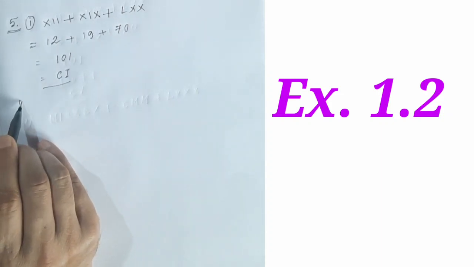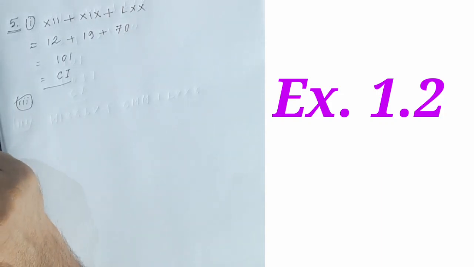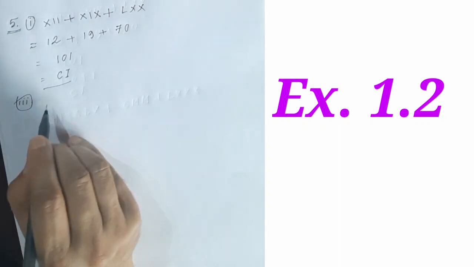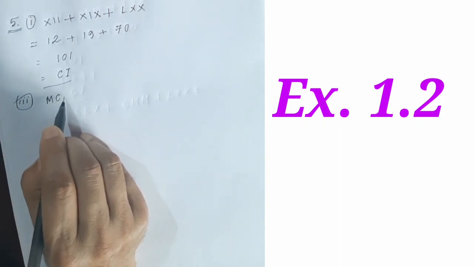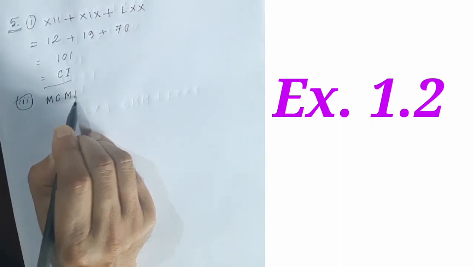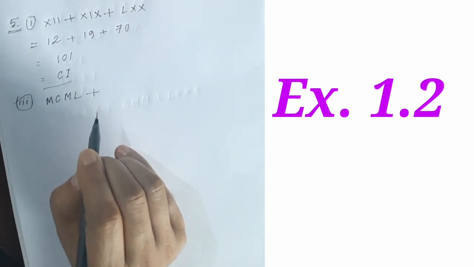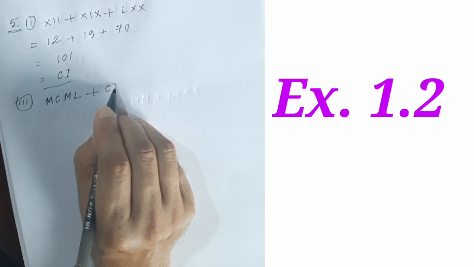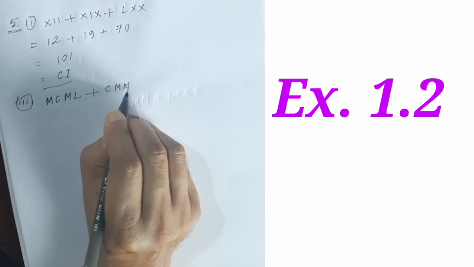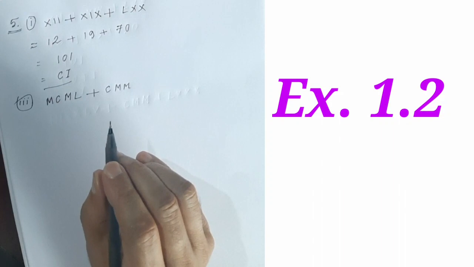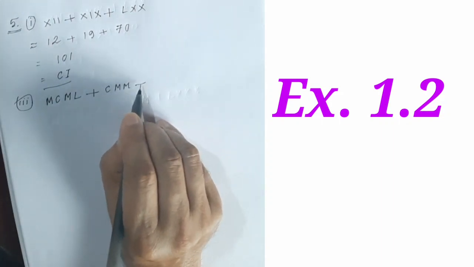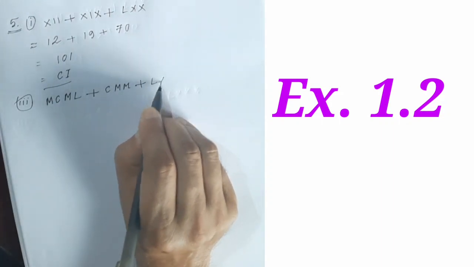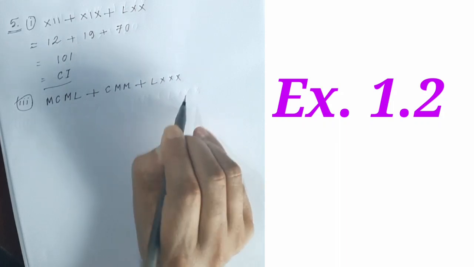Now if you check question number 3, what will you get? The first one is MCML, plus the second one is CMM, and the third one is LXXX, that is L and then XXX.